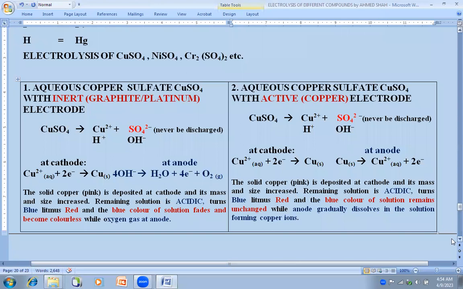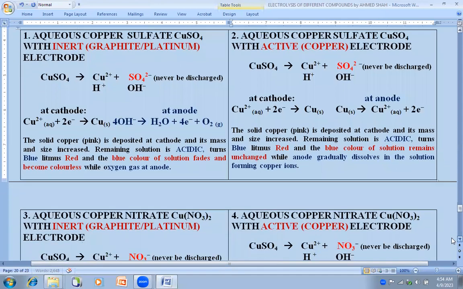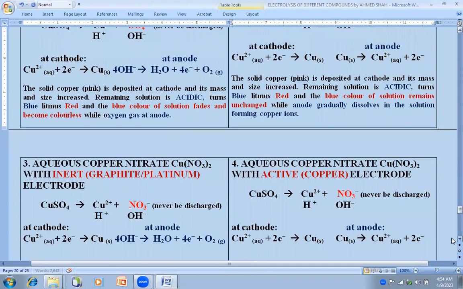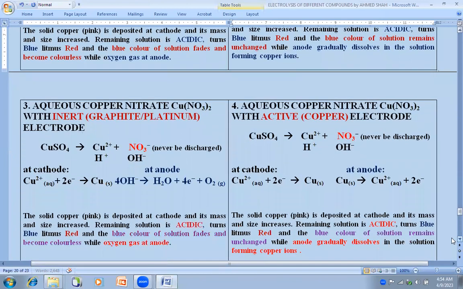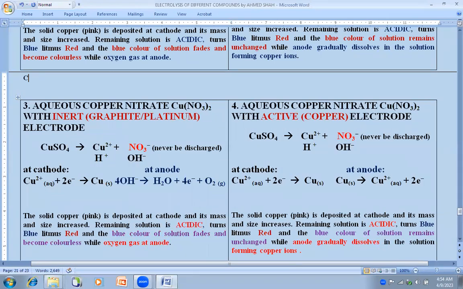For the purpose of better learning, now we are discussing one more thing. The same result occurs, but copper nitrate salt is used. We know that all nitrate salts are soluble, and all sulfate salts are soluble except a few: calcium sulfate, barium sulfate, and lead(II) sulfate.